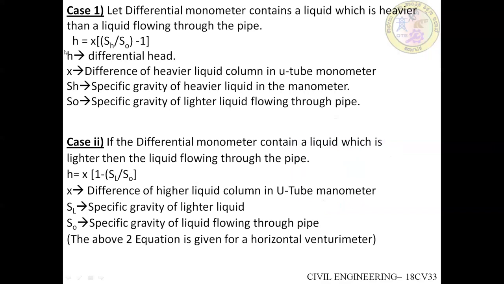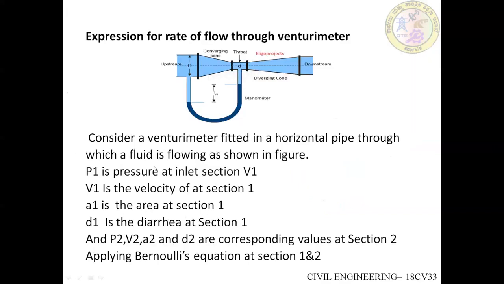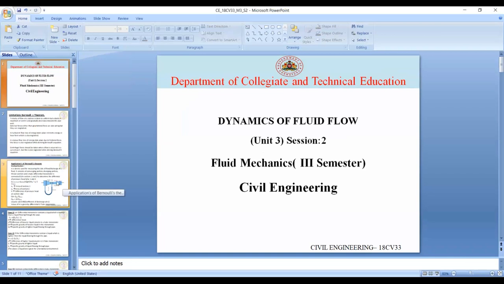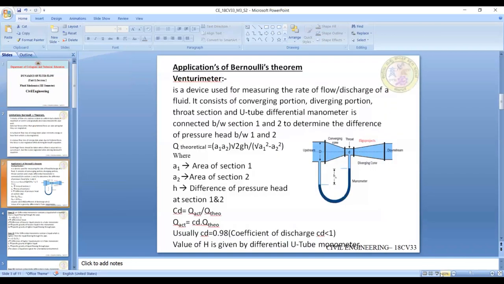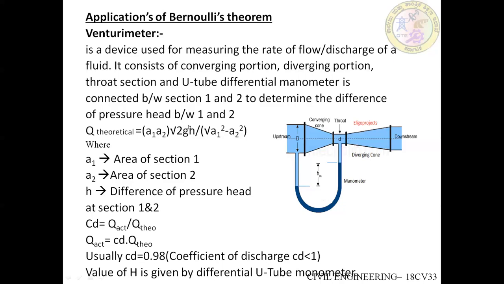To calculate the small h which appears in the Q theoretical formula, there are four cases.